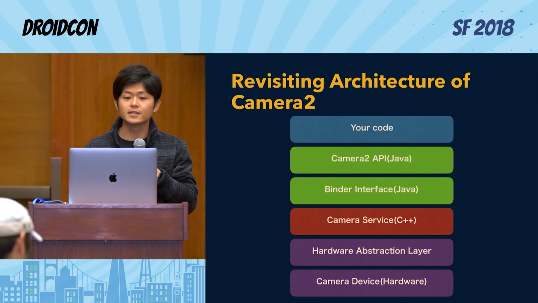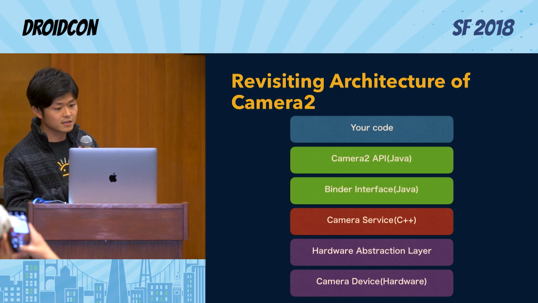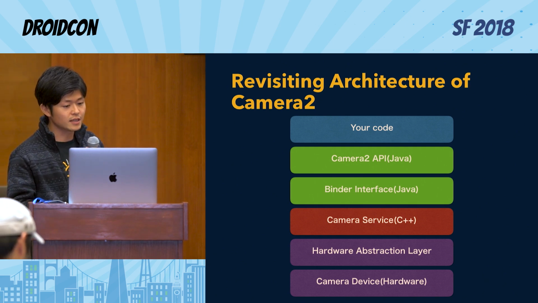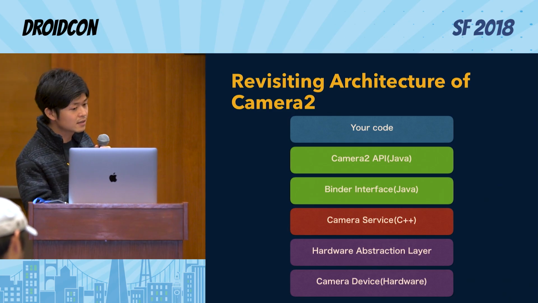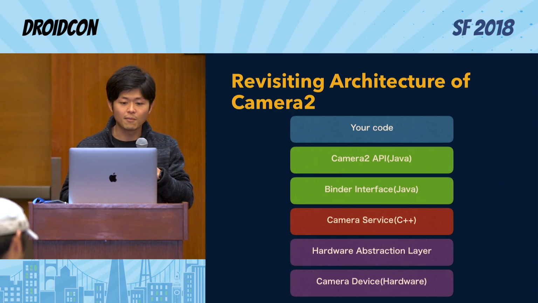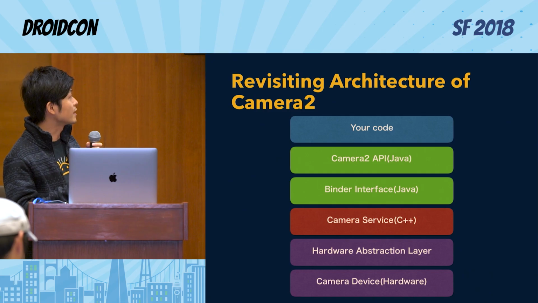There are a lot of things underneath this. The bottom layer, the purple one, is the actual camera device hardware. Since Android runs on many devices all over the world, with many different image sensors, it's a very good idea to have this kind of abstraction layer on it.